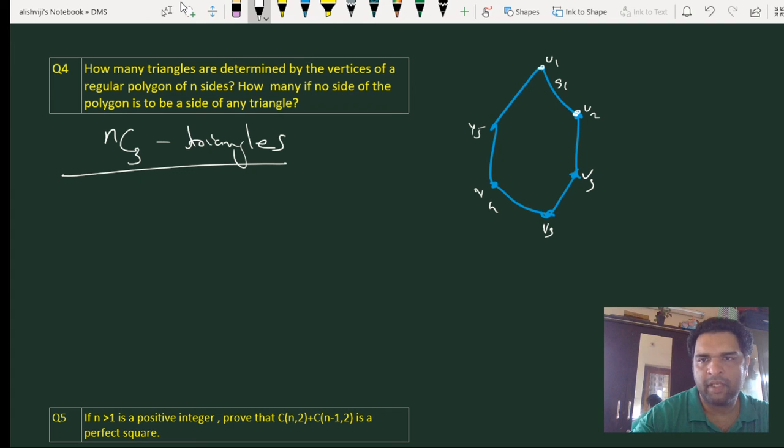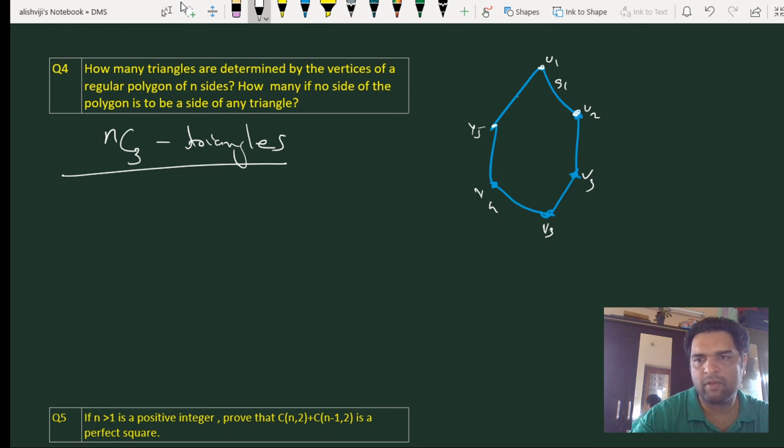Here two vertices are already chosen, so we have to choose the other vertex. If the other vertex is V5, then the triangle formed contains two edges of the polygon, so we cannot choose V5.